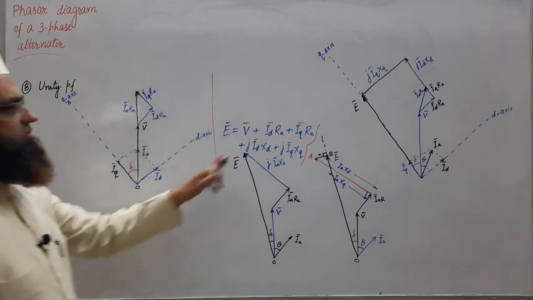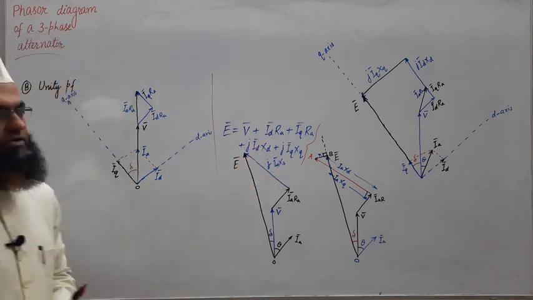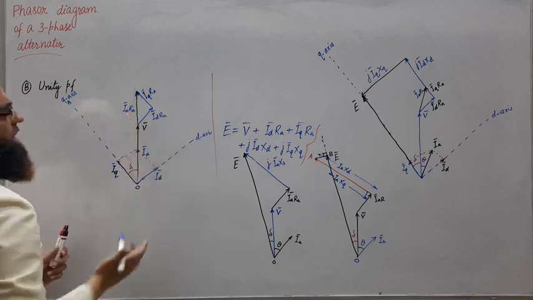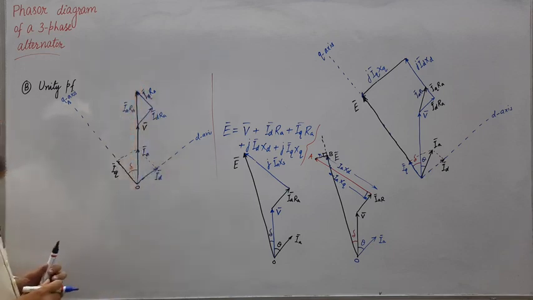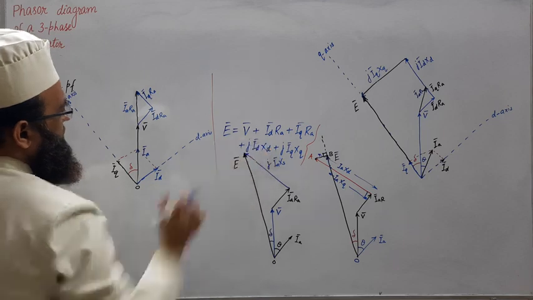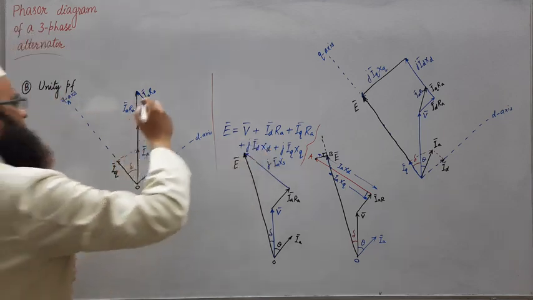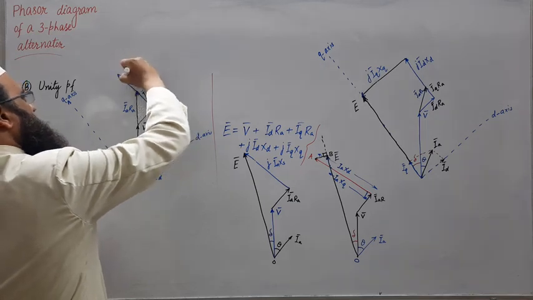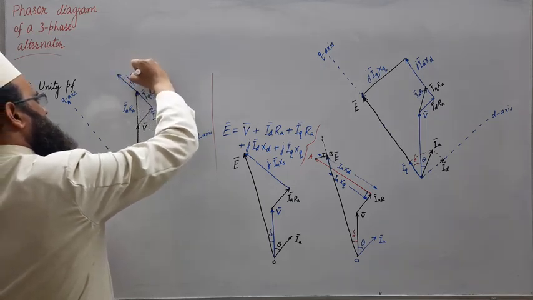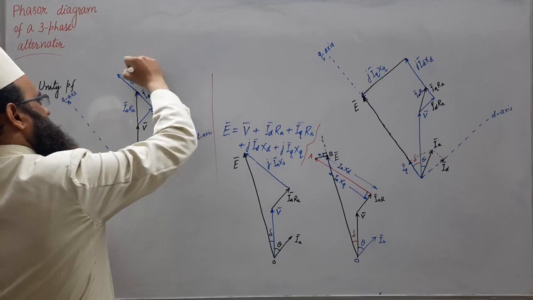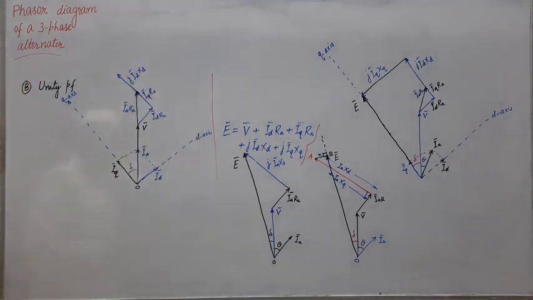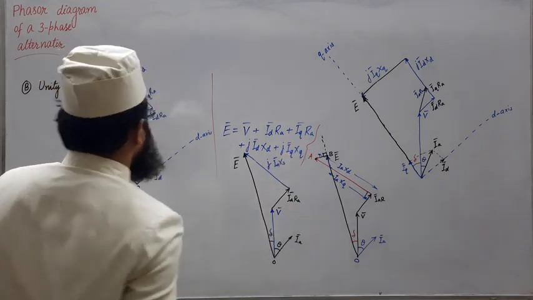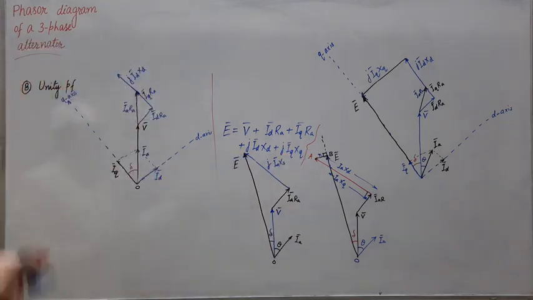Now we have to add this drop J times IDXD. So J times IDXD will be perpendicular to ID, that is along IQ and along this, and this will be equivalent to this drop IDXD, J times IDXD. So right here J times IDXD. Fine. Now the leftover drop is IQ XQ. So J times IQ XQ will be perpendicular to IQ.